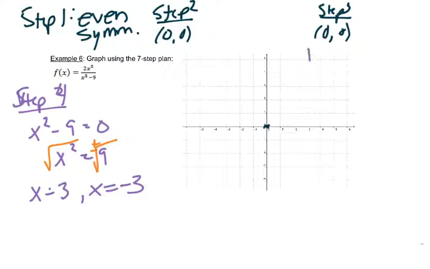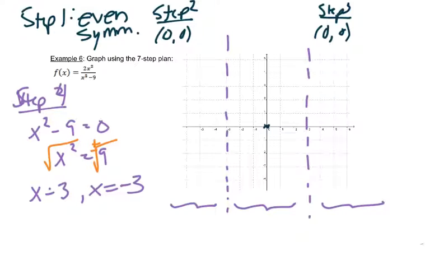So I'm going to put a vertical asymptote here, dashed in, and a vertical asymptote here, dashed in. And this now breaks my graph up into 3 pieces. There's a piece here, a piece here, and a piece here. So I'm going to need to have a graph in each of those spots.